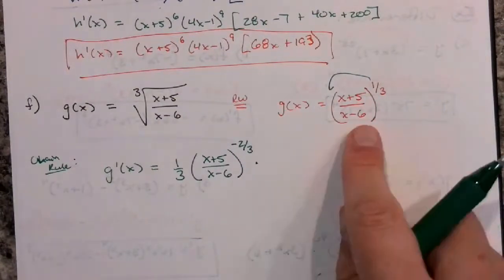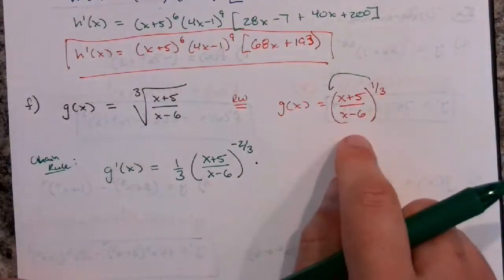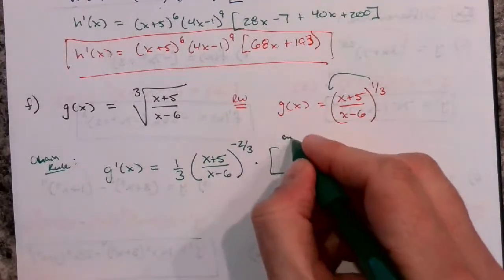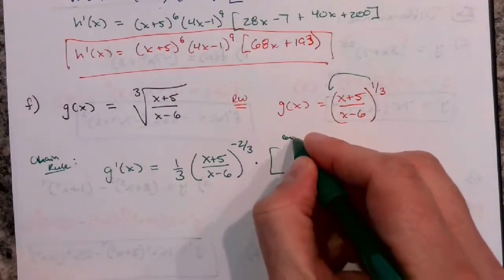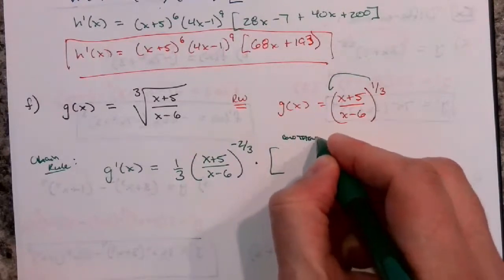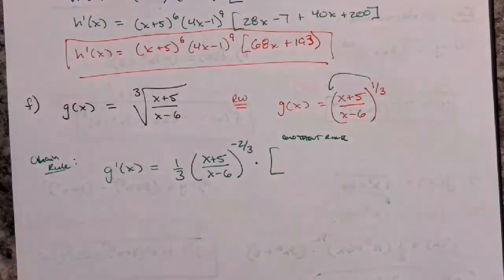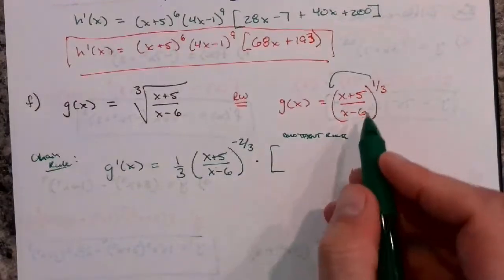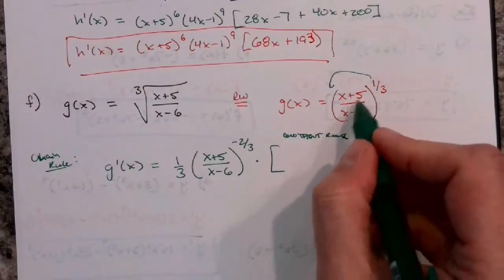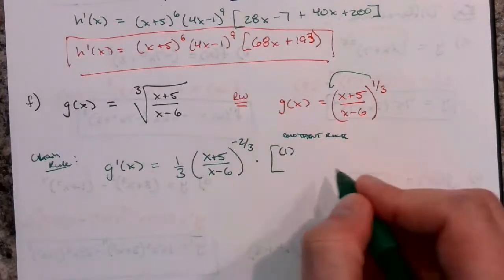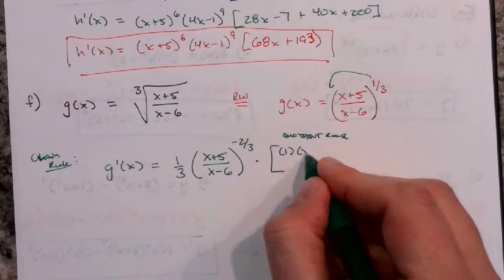Well, the derivative of the inside, now you have a function divided by a function. This is telling you now use the quotient rule. So now we're using the quotient rule within there. The quotient rule says you take the derivative of the numerator, so the derivative of x plus 5 is just 1, and you multiply it by the denominator, so multiply by x minus 6.